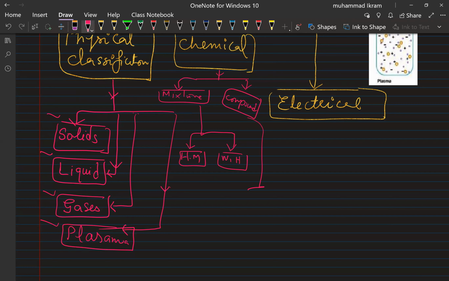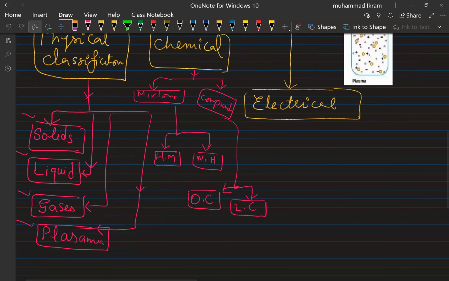And in the compound, they might have told you about the organic compound and the inorganic compound, and the story goes on. I don't want to go into much of this because I know very little about chemistry. So the organic and the inorganic is not our appropriate topic here.